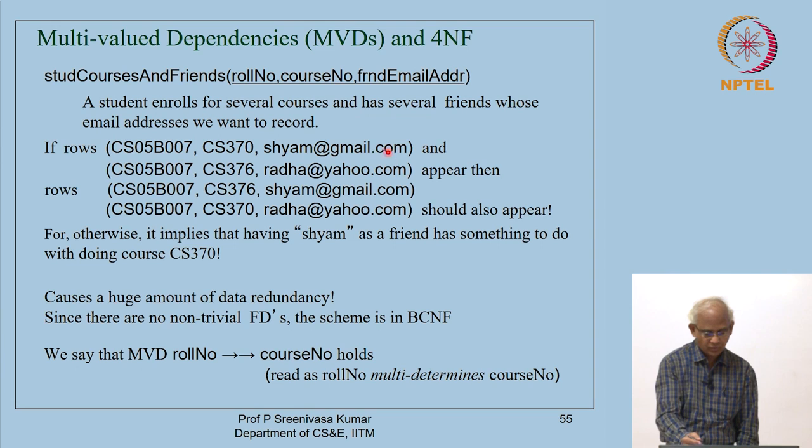By swapping I mean, I delete Shyam here and put Radha, and then that tuple should be there. So, 370 Radha is there. In a similar way, I take out Radha here and then put Shyam here, and then 376 Shyam should be there. That is what I am swapping basically.